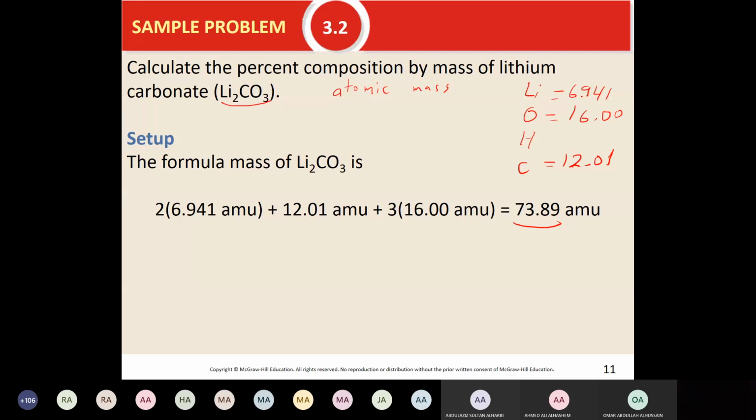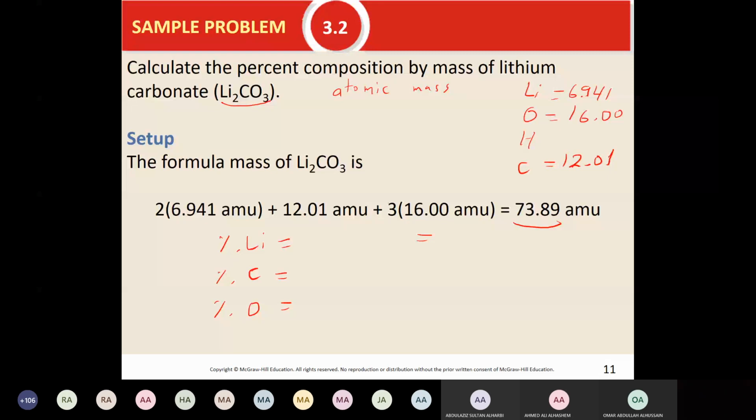I want you now to find the percentage by mass of lithium, of carbon, and of oxygen for each one of them. Go ahead and give me numbers.